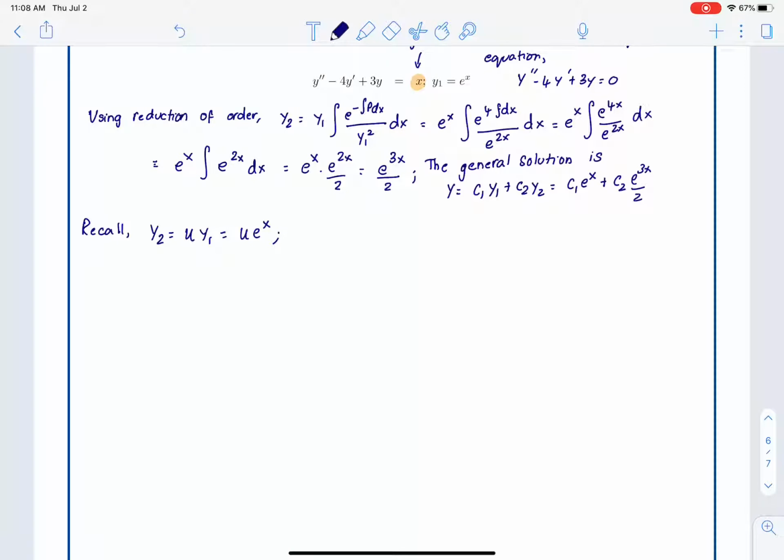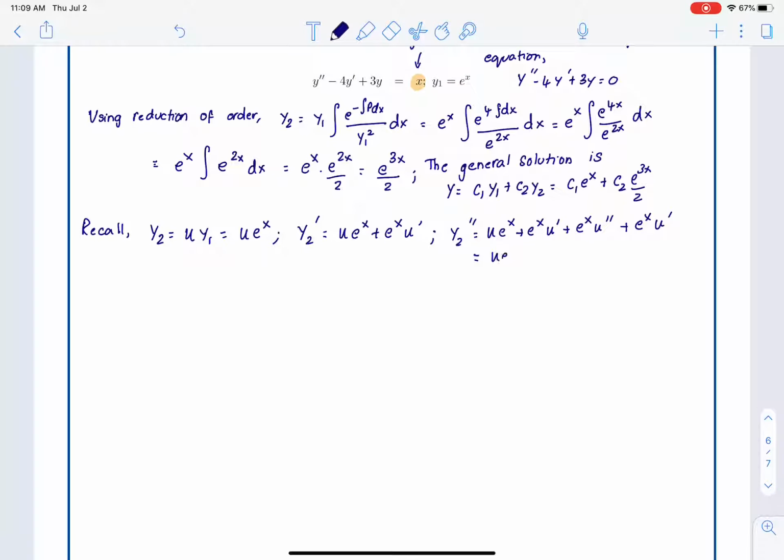So we have to find y2 prime, which is u prime e raised x plus e raised x u. And y2 double prime is u e raised x plus u prime e raised x plus e raised x u double prime plus e raised x u prime. That's just the use of product rule.